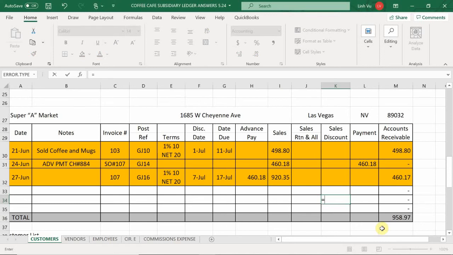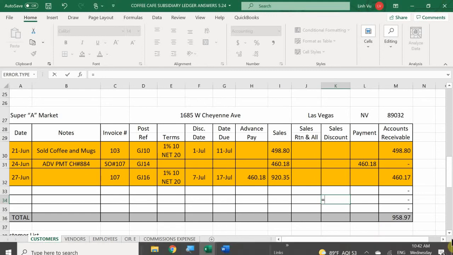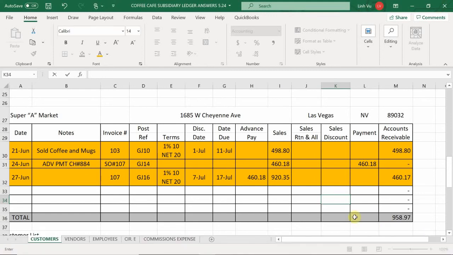It might multiply the 1% first, and then, because I got 469, yes, exactly. So you took 498.80 minus 30 times 0.01, comma 2.